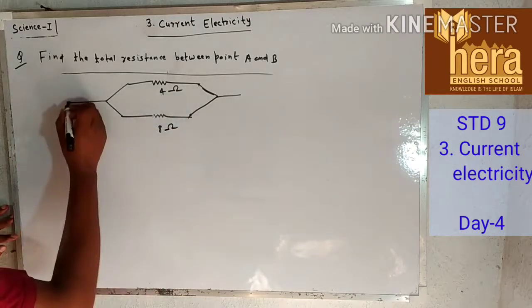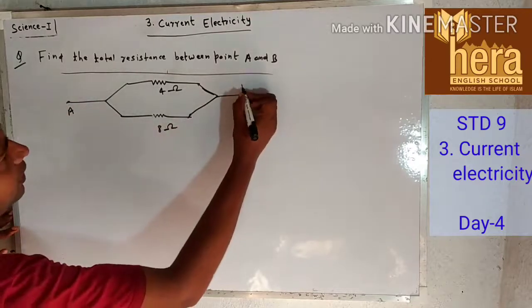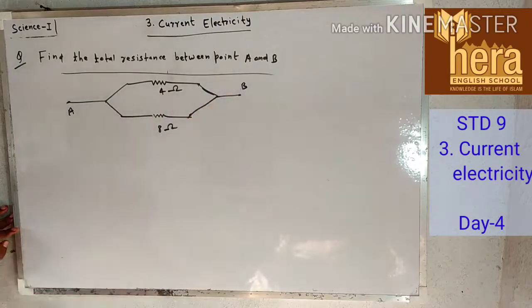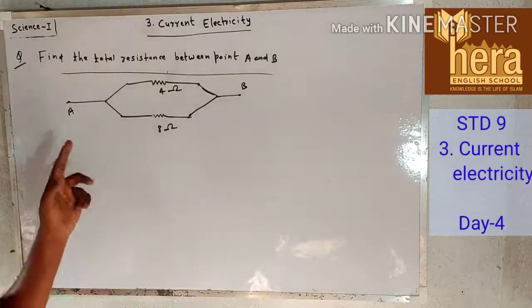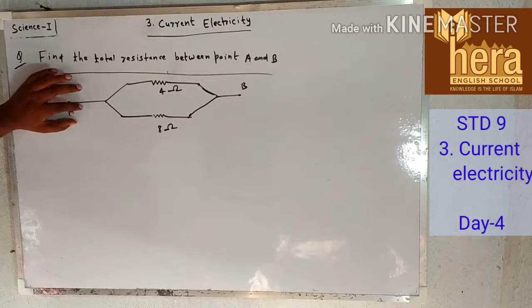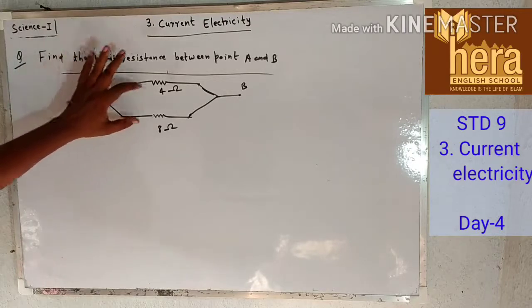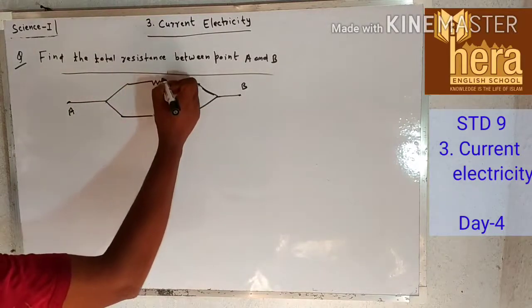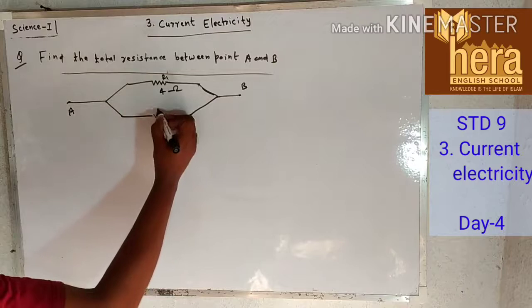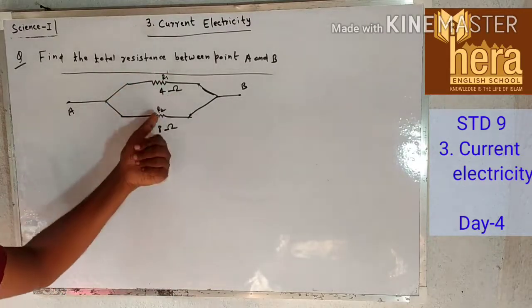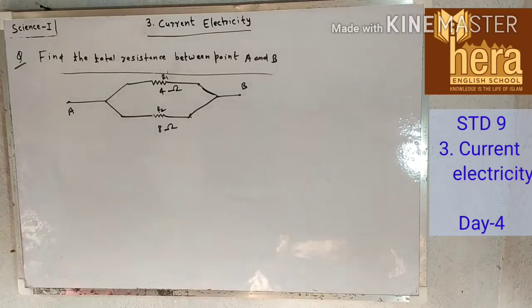This is point A, this is point B. This is a parallel combination, because if current I is coming, it will be divided into two branches. So say this is R1, the resistor having resistance 4 ohm, and this is R2, the resistor having resistance 8 ohm.